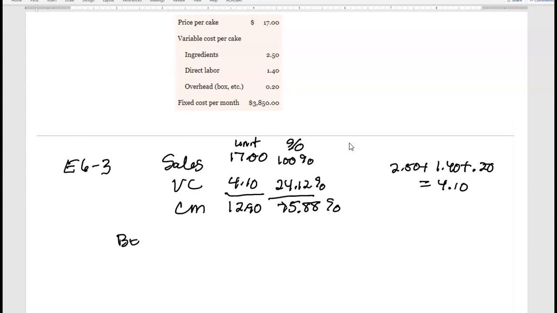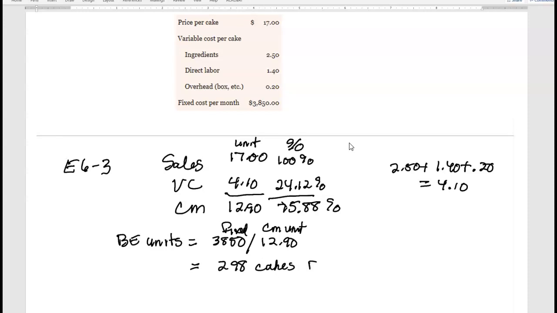So break even in units is equal to 38.50 fixed divided by 12.90 CM per unit. And that's equal to 298 cakes. And that's rounded.